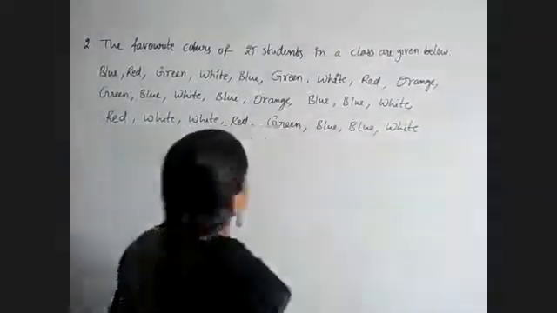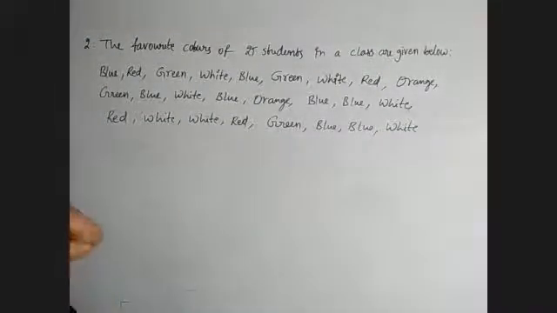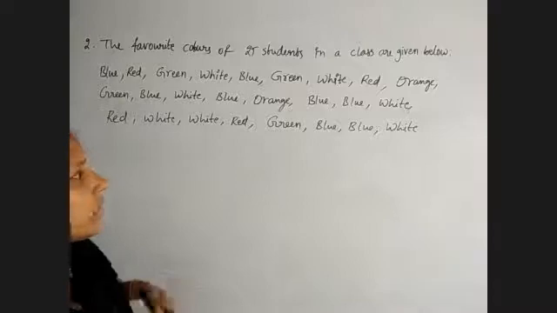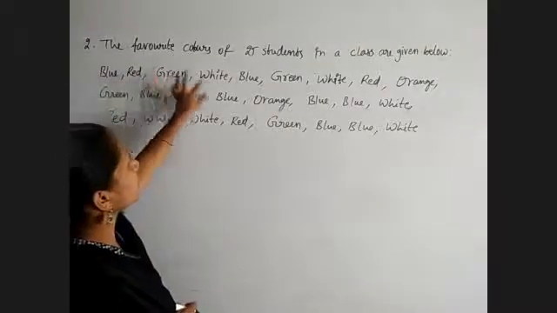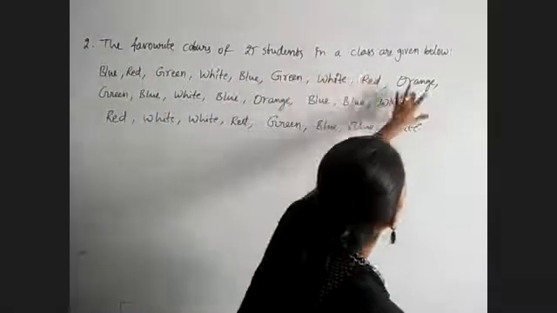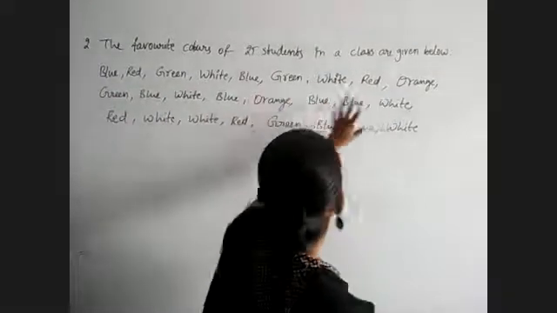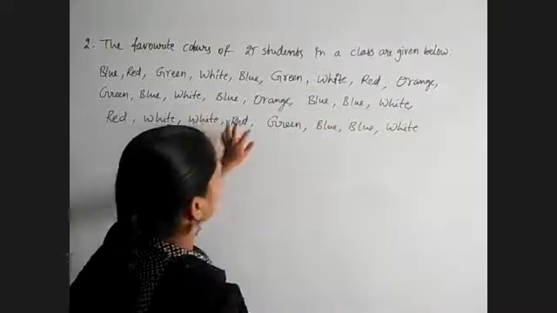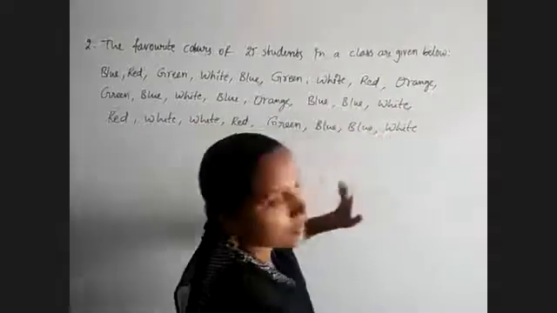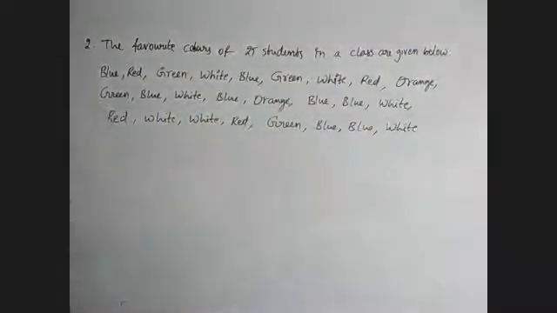So total 25 students they are given, means whatever colors they are given, they must have 25. 1, 2, 3, 4, 5, 6, 7, 8, 9, 10, 11, 12, 13, 14, 15, 16, 17, 18, 19, 20, 21, 22, 23, 24, 25. So all the observations are given.